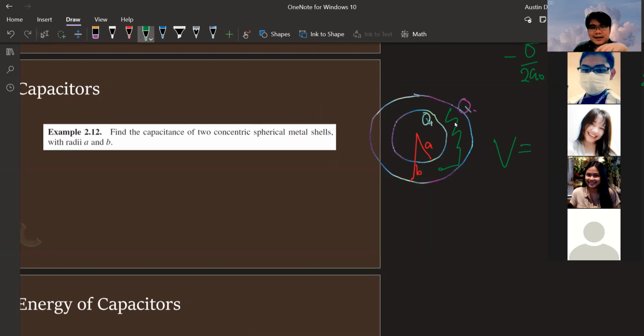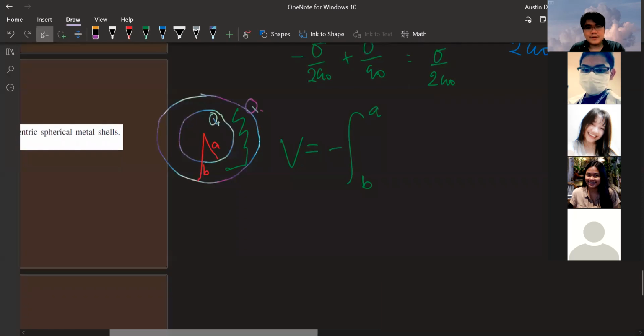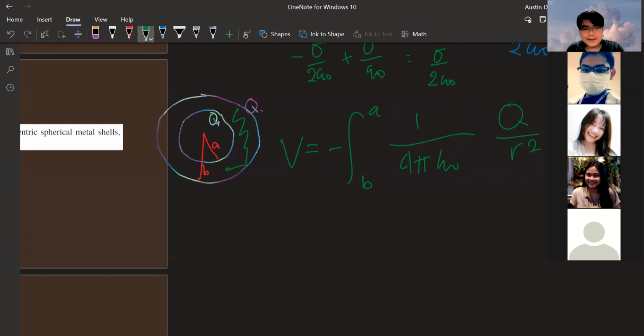So V will be negative integral from B to A. Tama? And then that will simply be 1 over 4 pi epsilon naught, and then your Q over r squared dr. Di ba?